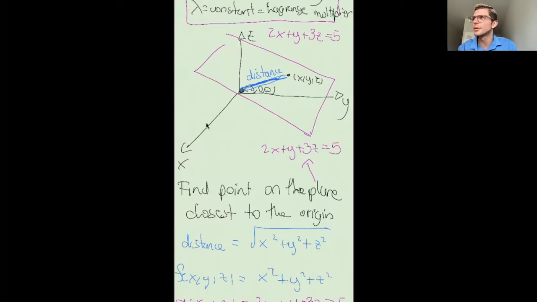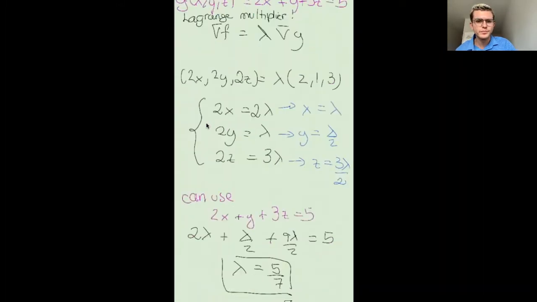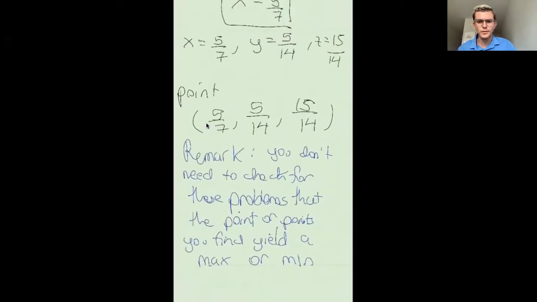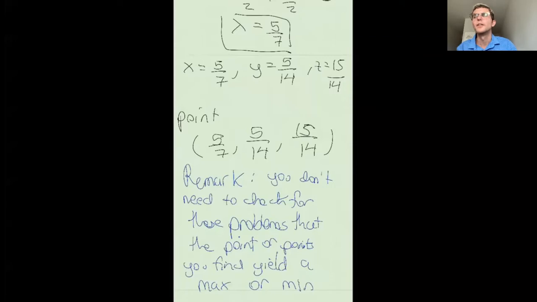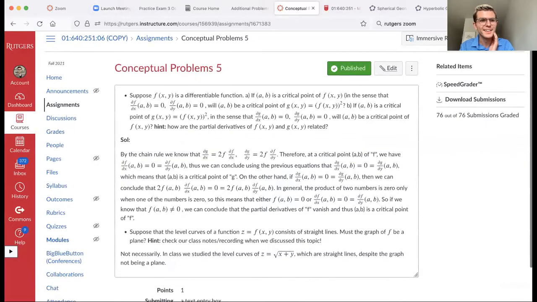Then we had this question about x squared plus y squared plus z squared. The easiest explanation is in one of the conceptual assignments, let me show it to you. Here it is. If you have a critical point of a function, then that's also a critical point of the square of the function, and the converse is also more or less true.